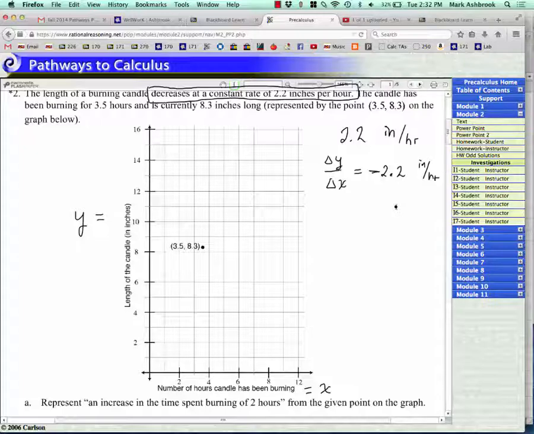So we're good. All right, so part A says represent a time spent burning of 2 hours, starting from 3.5 hours. So up, down, left, or right? A time spent burning of 2 hours starting at 3.5.